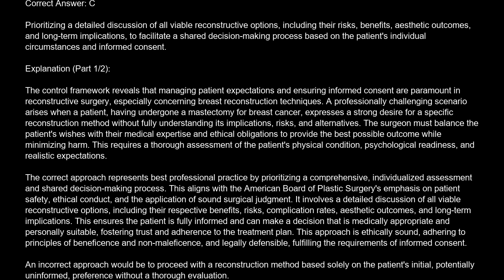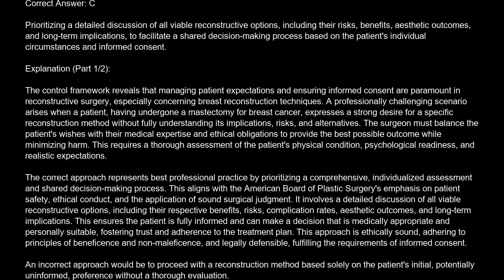This requires a thorough assessment of the patient's physical condition, psychological readiness, and realistic expectations. The correct approach represents best professional practice by prioritizing a comprehensive, individualized assessment and shared decision-making process. This aligns with the American Board of Plastic Surgery's emphasis on patient safety, ethical conduct, and the application of sound surgical judgment.